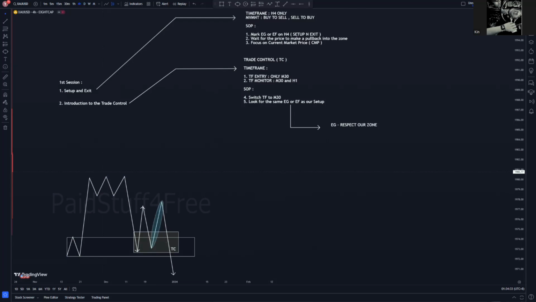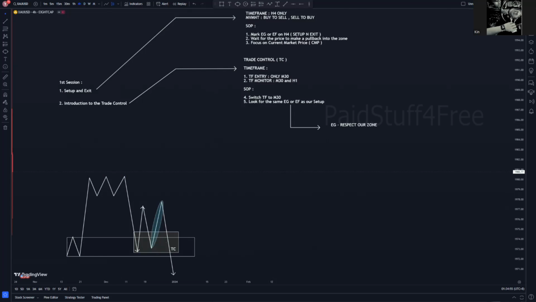We're not going to talk about the first entry in this session. If you have any questions about the roadblock, the first entry, the re-entry, something like that, we're not going to talk about that in this session.